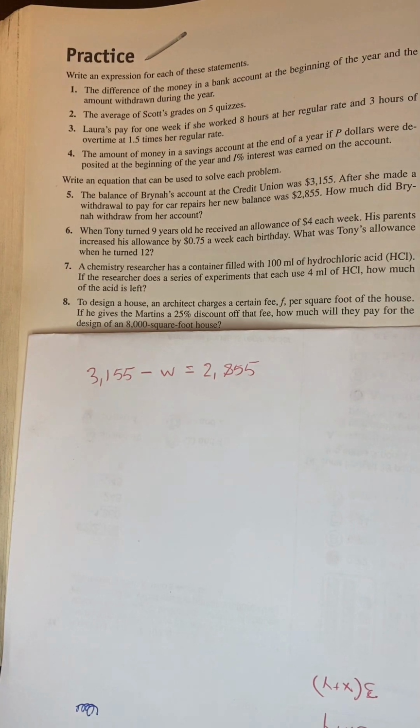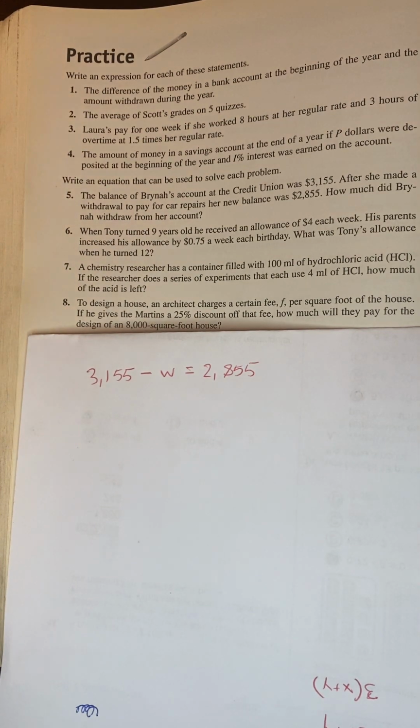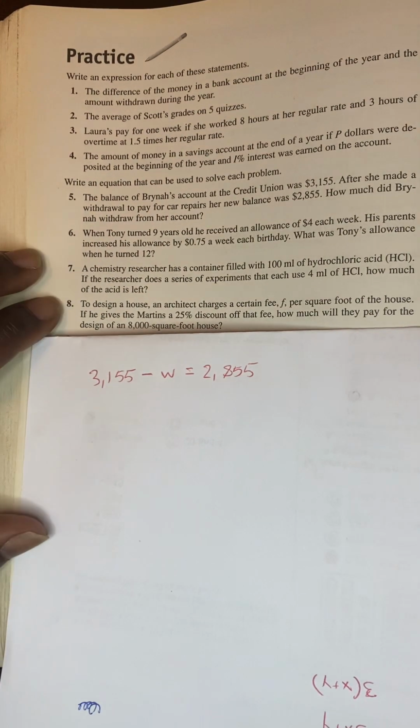The substance called hydrochloric acid. The researcher is going to do a series of experiments that each use 4 milliliters of that hydrochloric acid. We don't know how many he's going to do, but we do know he's going to use 4 milliliters each time. And then we're still going to have some left as well, okay?